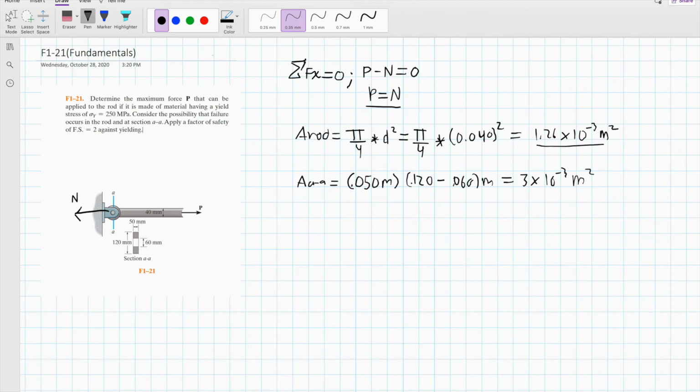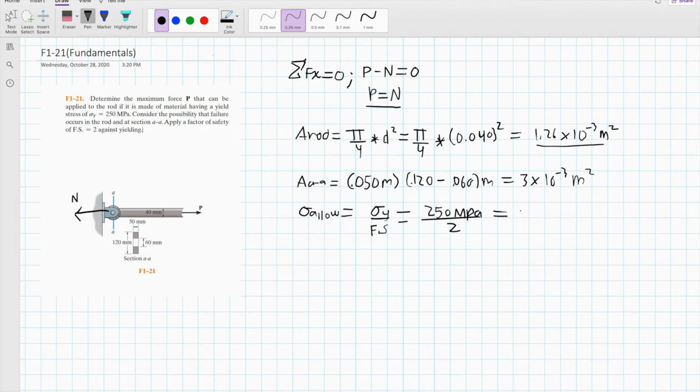Now we calculate the allowable yield stress. Sigma allow equals your stress allowed, your yield stress divided by your factor of safety, which is equal to, we're given a yield stress of 250 megapascals, and we divide it by your factor of safety, which is 2.